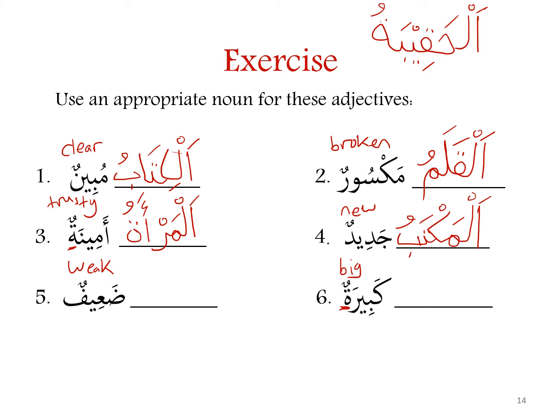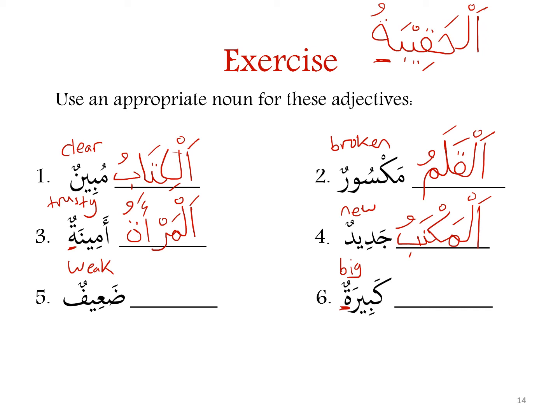So al-haqibatu is a feminine word because it has a ta marbuta at the end. So if I want to say the bag is new, I won't be able to use jadidun.